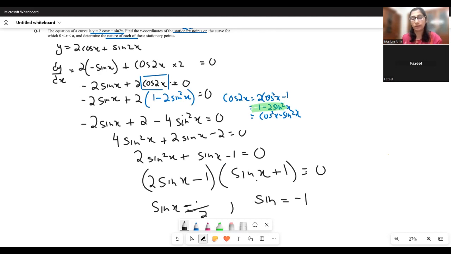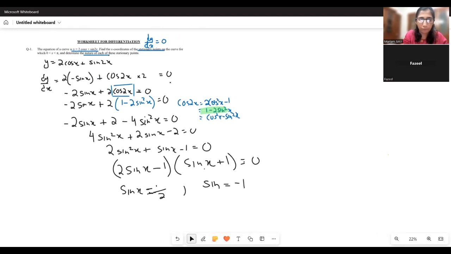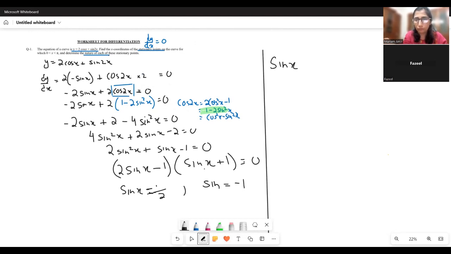All right, so we're getting sine x equals minus 1 and sine x equals half. Solve this, and the answer should be between 0 and pi. So when sine x is equal to half, we need the answer in the first and the second quadrant.